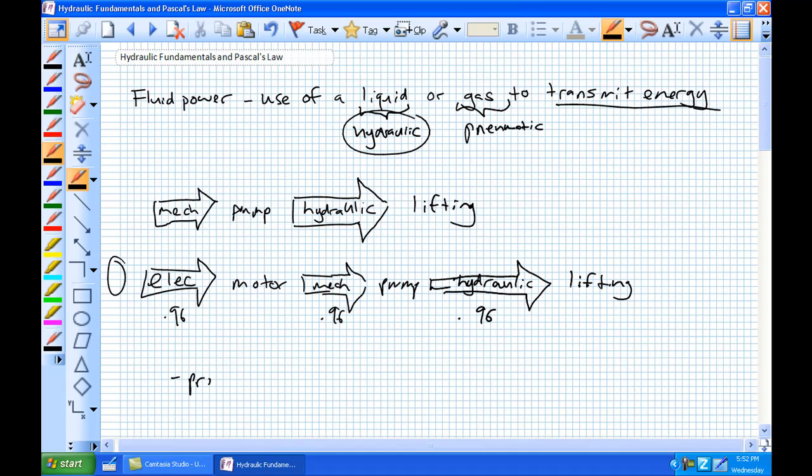So they're precise, they're powerful. And what's the coolest thing about hydraulic systems? They're incredibly stable and solid. That seems like a weird word to use when we're talking about a liquid to transmit energy. And when I say solid, I mean they're incompressible.